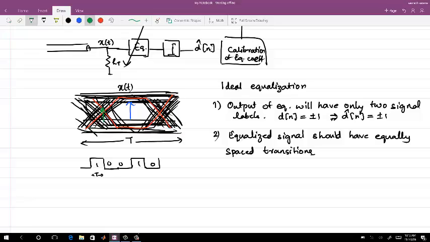So at least now it should be clear that there are two variables which you can observe. One variable is your error with respect to your desired transition.